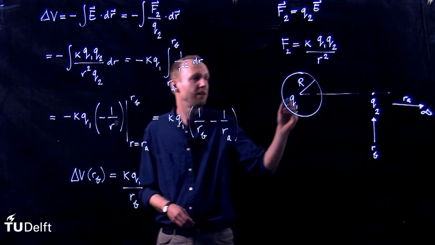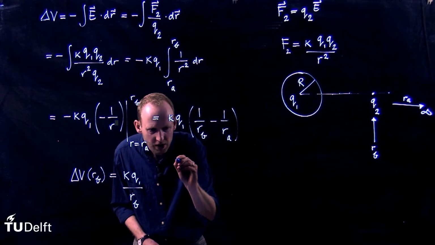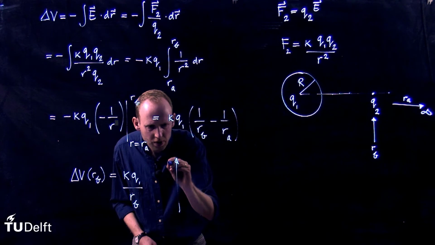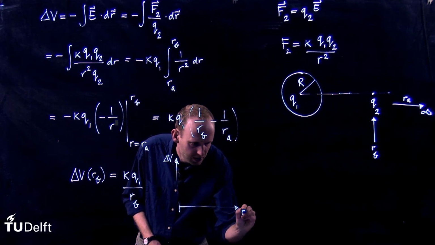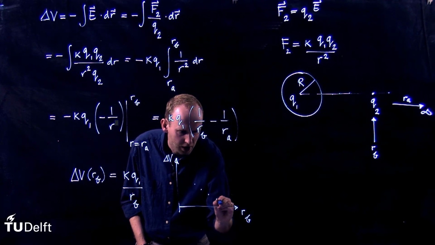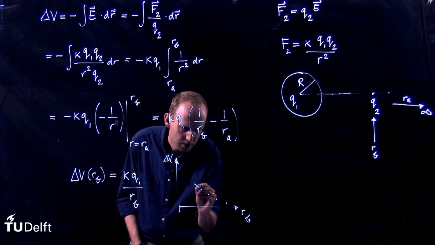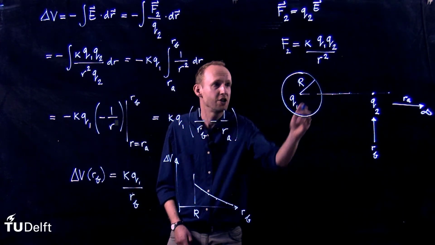Now if I would calculate this for different locations RB along this line, I would get a function that looks like this. So this is delta V, this is RB, and I see that it goes down like 1 over RB. And that continues up to the point where we reach the edge of the sphere.